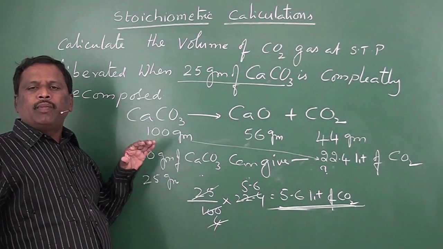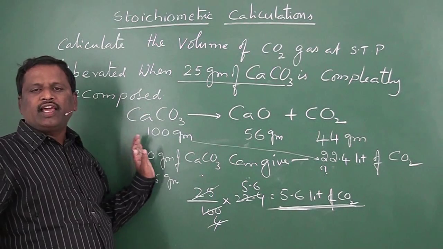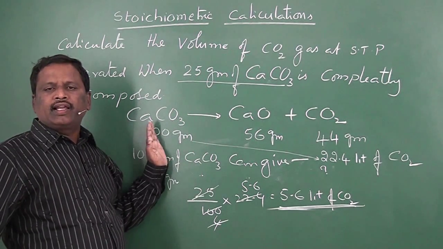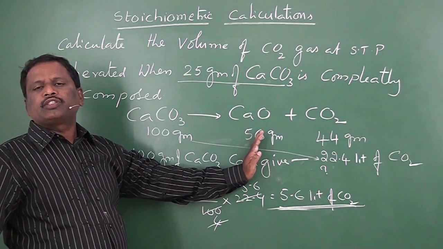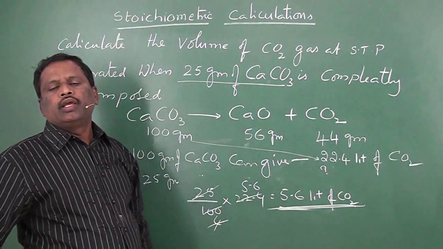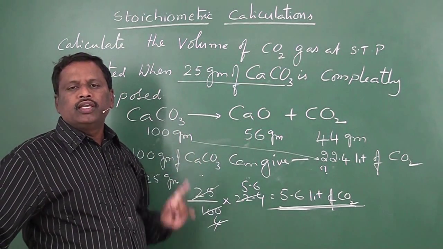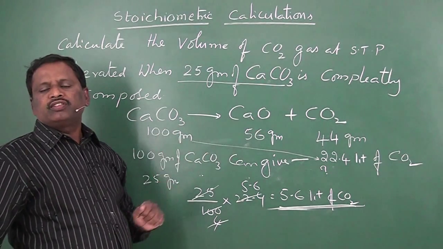That means the mass ratios of decomposition of calcium carbonate is as follows. 100 grams of calcium carbonate on decomposition gives 56 grams of CaO and 44 grams of CO2. This 44 grams of CO2 is said to be 1 mole because 44 is the molecular weight.